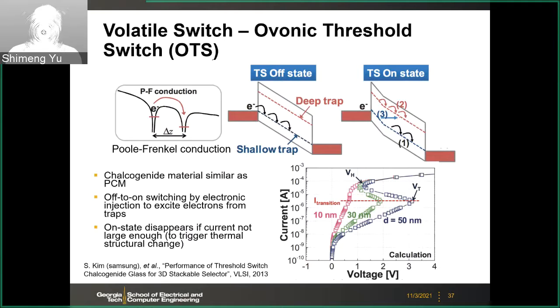So in the on state, you can pass a large current. Actually, the mechanism of this device is still under research. It's not exactly clear, but this material, based on the phase change material, does show this kind of threshold switching. So you have a very abrupt switching.